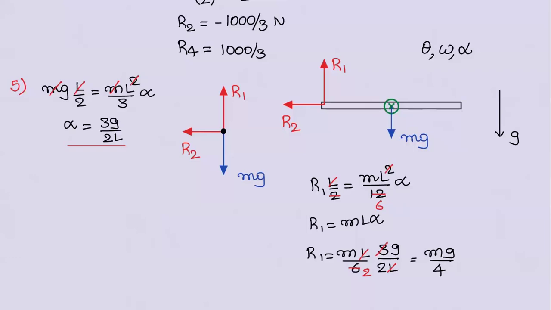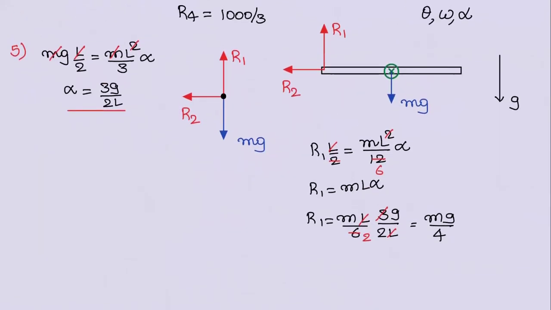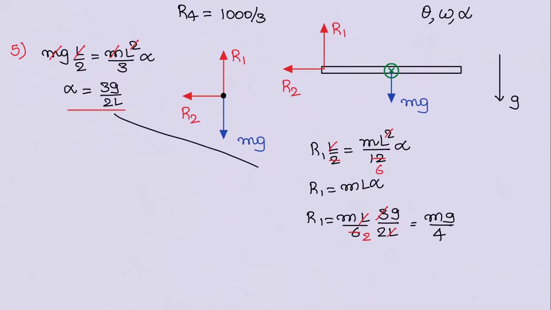That's the problem. Torque will not give you R2 value. So what we say is that you can use force free body diagram, right? By going to the torque line, you reach a dead end, we can get only one answer. The other one, you are not able to get it. But see, the force line is good. So observe this.